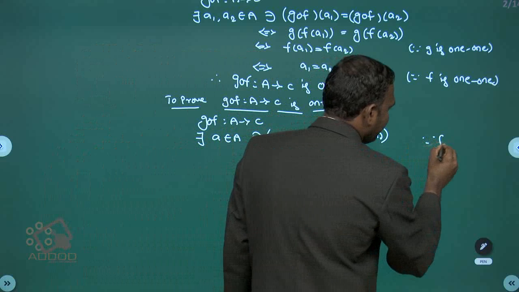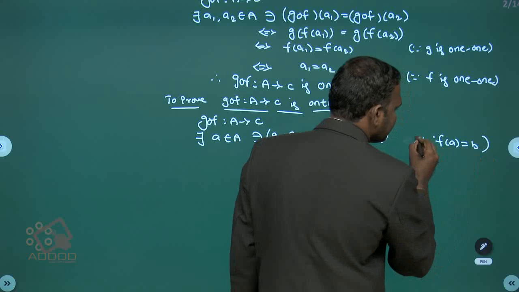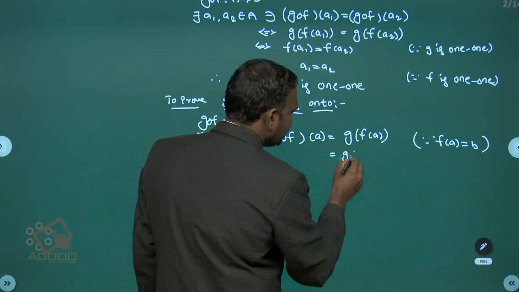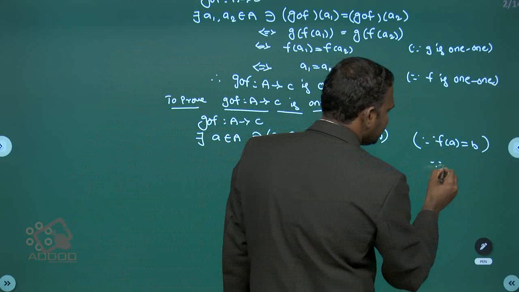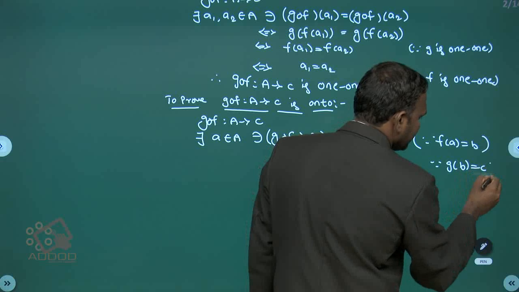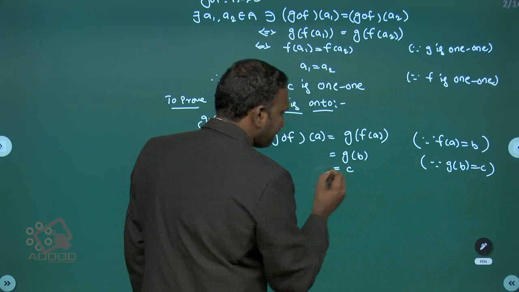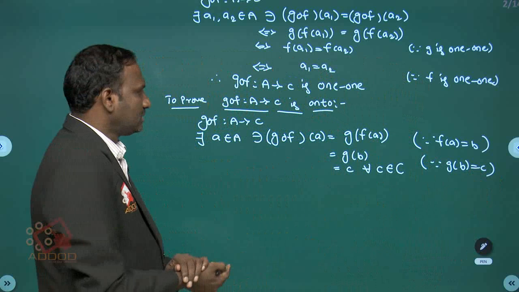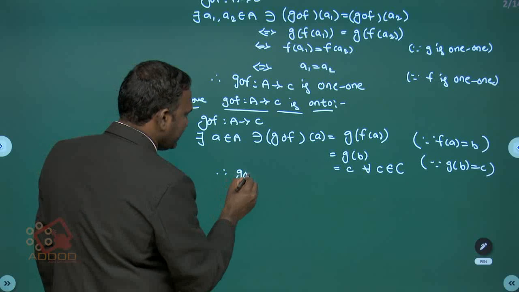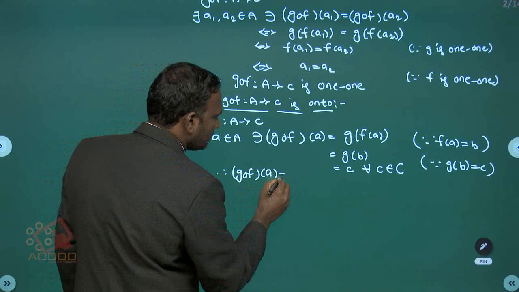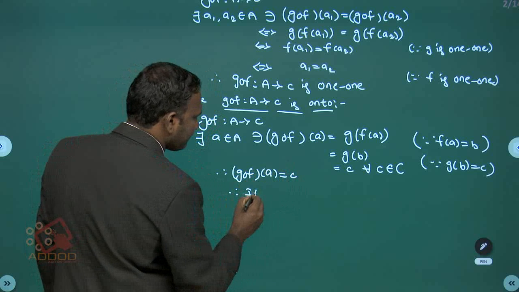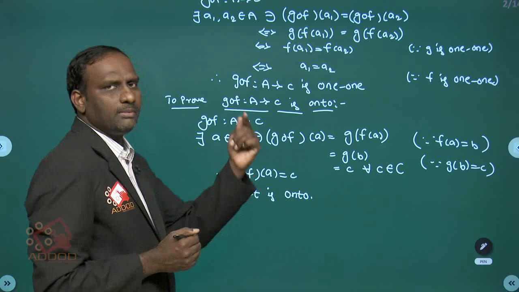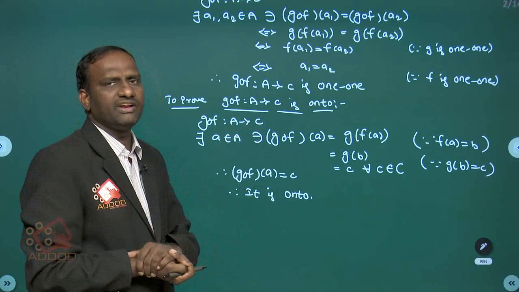Since F is onto, F of A is equal to B. So this is equal to G of B. Since G is onto, G of B is equal to C. So this is equal to C, for all C in the codomain C. Therefore, G circle F of A is equal to C. A domain element has been mapped to the codomain; that is the definition of onto.